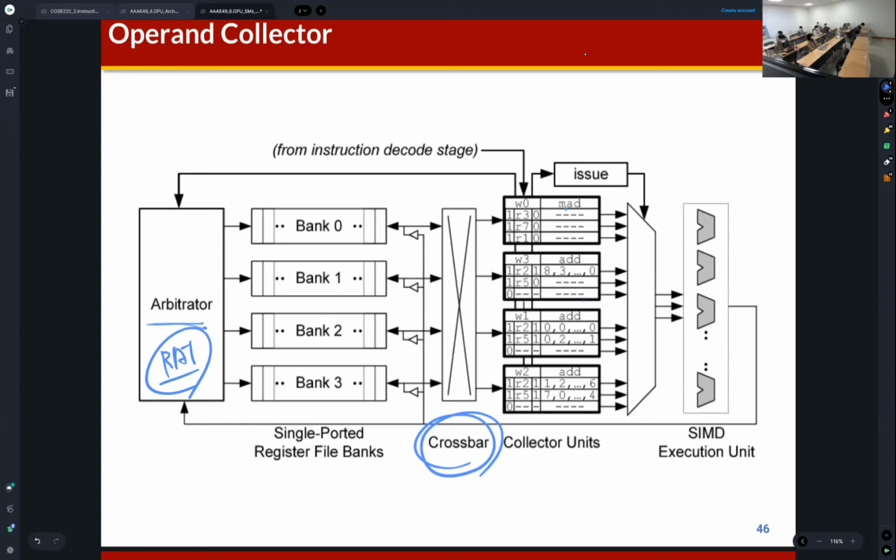As you can see, you can find the warp number here. This is the instruction, and you can find the registers here. The warp has 32 threads, which means that for the same register, it requires 32 data from the register file.